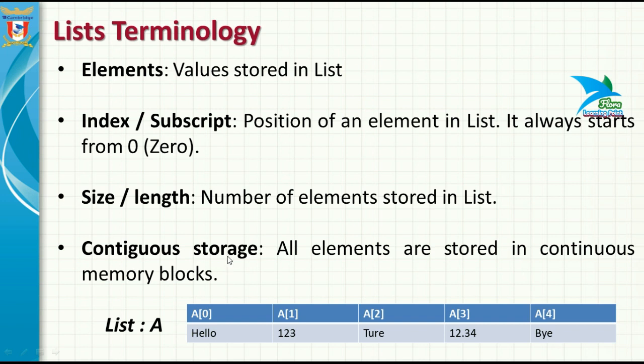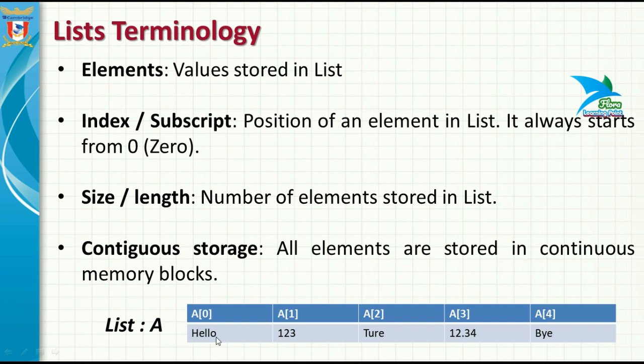The next feature is contiguous storage. That means all elements are stored in continuous memory blocks. As we know, RAM, the memory of the computer, contains multiple addressable blocks. When you assign elements to a list, all the elements of that list are stored continuously in contiguous memory blocks.